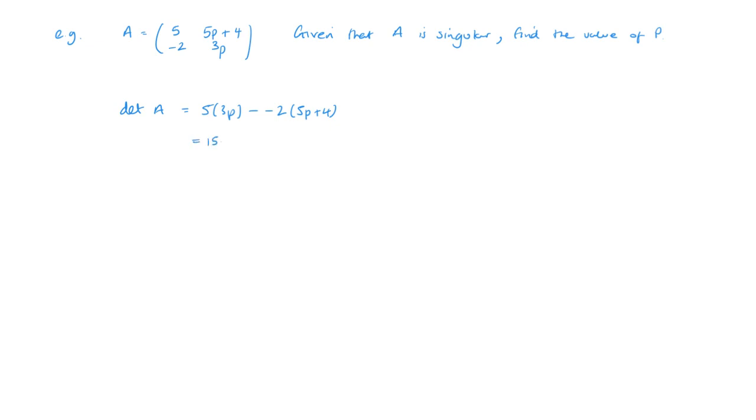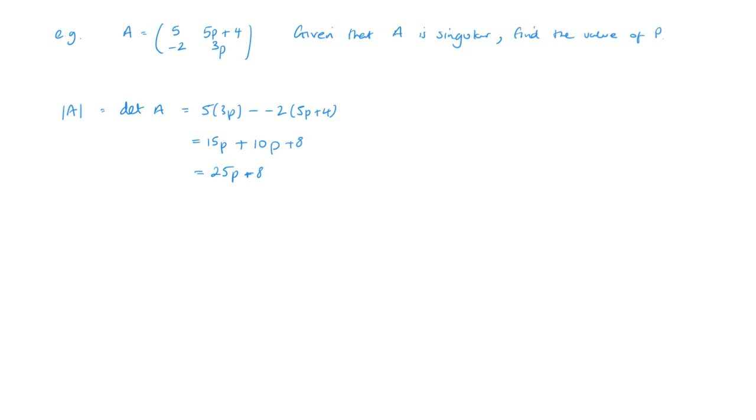So that's 15p plus 10p plus 8. So 25p plus 8. So that's the determinant. And obviously, instead of writing det A, determinant of A, I could have also put A in a modulus sign. So we've got the determinant in terms of P.